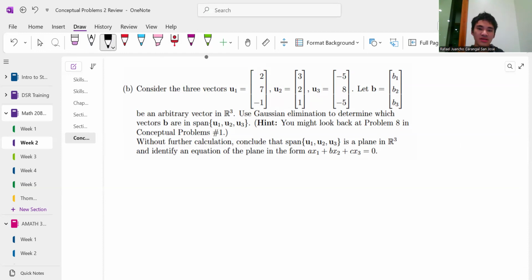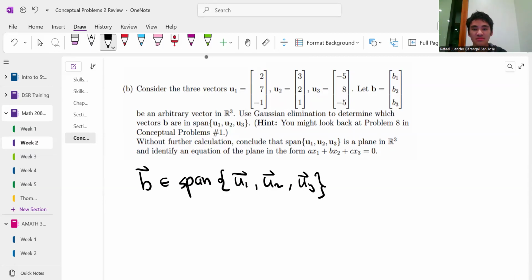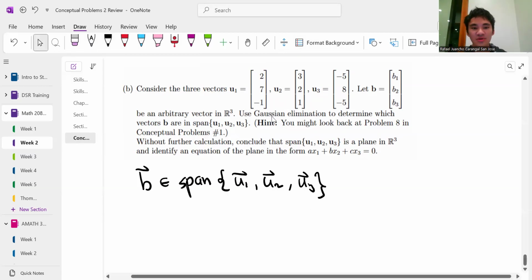So really we want to look whether vector B is in the span of these guys. So we want to write a linear combination of the three to get B. There's a hint though that we could look back at problem 8 in conceptual problems 1.